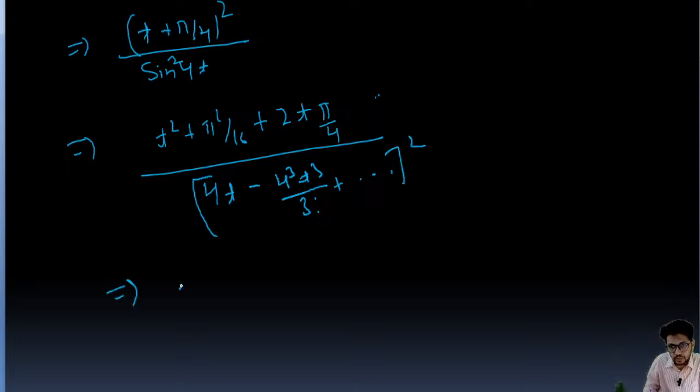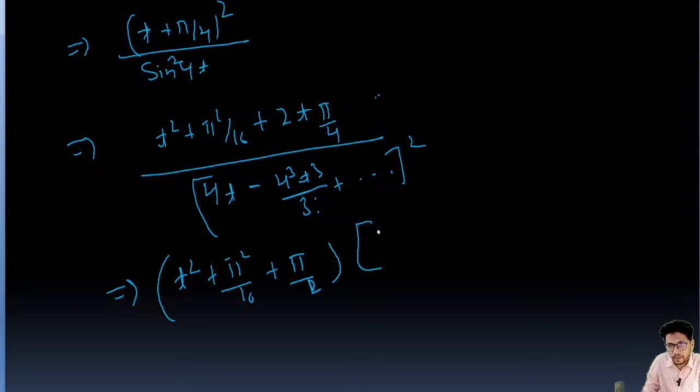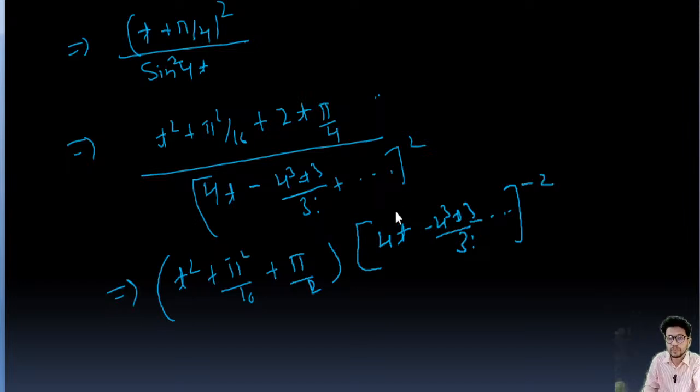So this is going to be t square plus pi square by 16 plus 2t times pi by 4, which is pi by 2 t, upon 4t minus 4 cube t cube upon 3 factorial and so on, whole square.